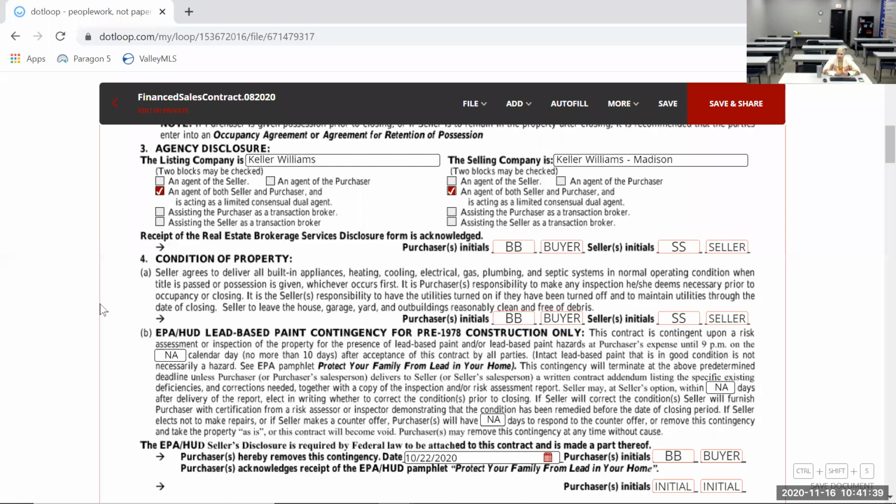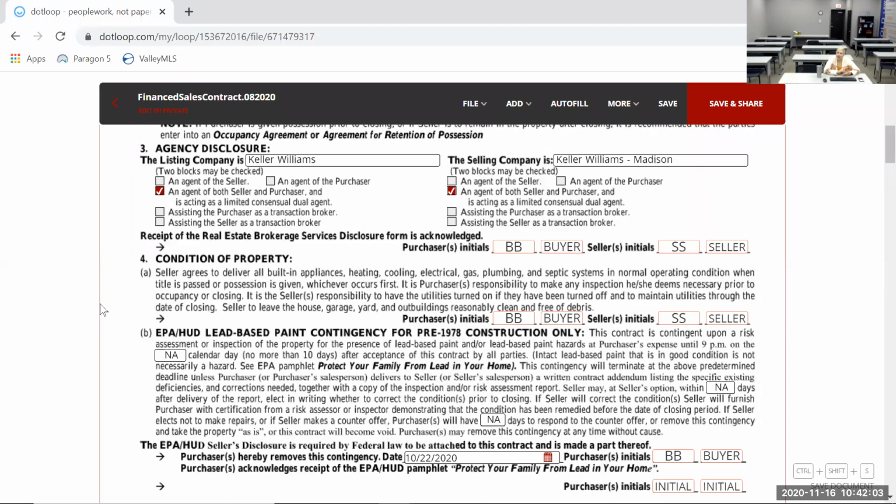Well, that's all fine and good, but you can't, as a purchaser, test everything with everything winterized. So the seller is responsible to have that water turned back on, or the power or whatever is off. Gas gets cut off a lot as well. It is their responsibility to have it turned on in order for your purchaser to be able to check.